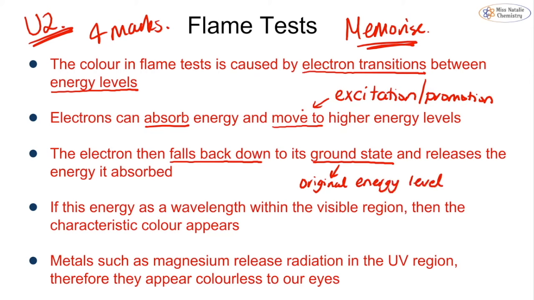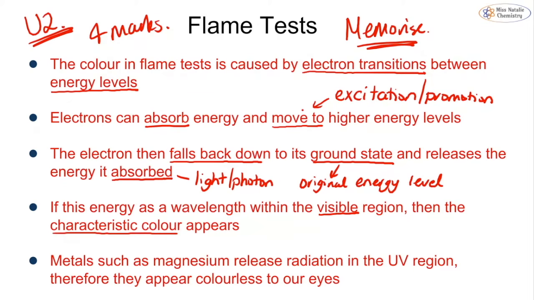And as it falls back down, it is going to release the energy that it absorbed. And this energy that is being released is in the form of light energy or a photon. If this energy is a wavelength that is within the visible region, then we're going to see a characteristic colour appearing.